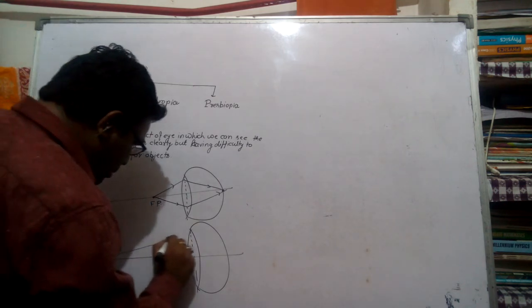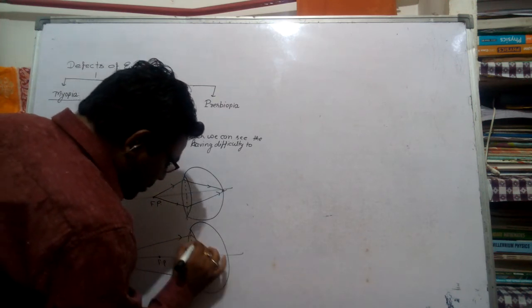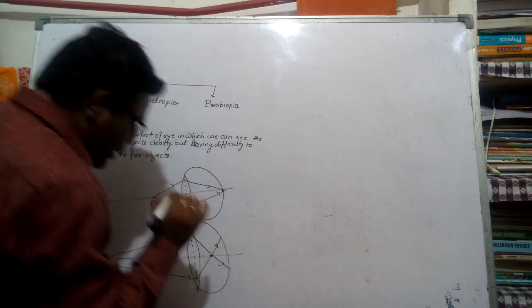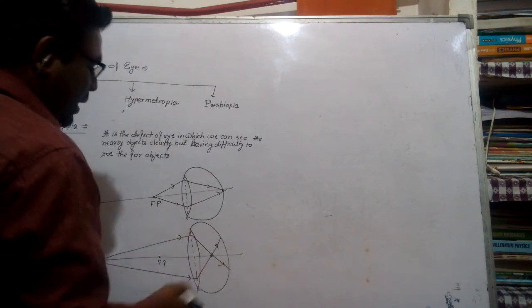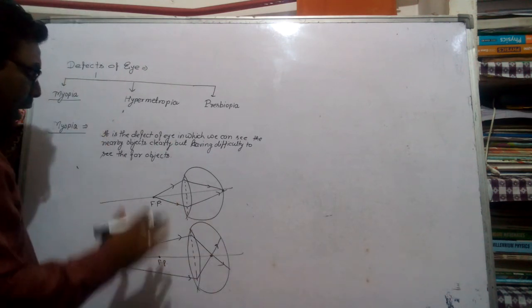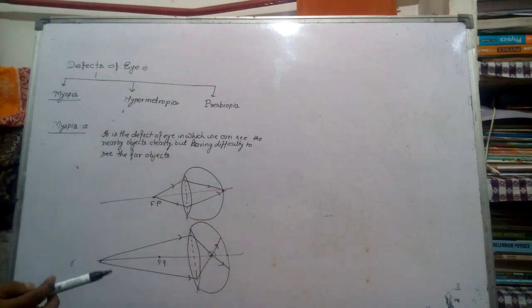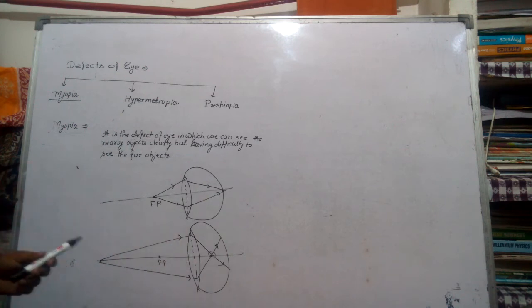Now the image is formed here. Okay beta, the image is formed at this point, that is before the retina. Now we have to form this image at this point. From this you can see the converging nature increases.